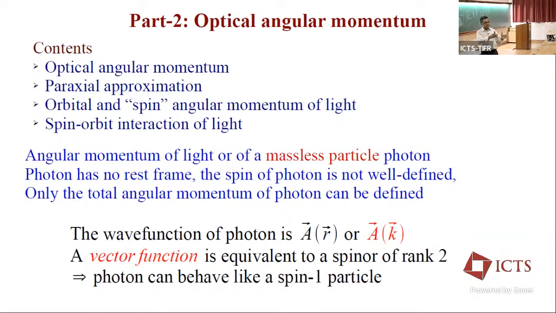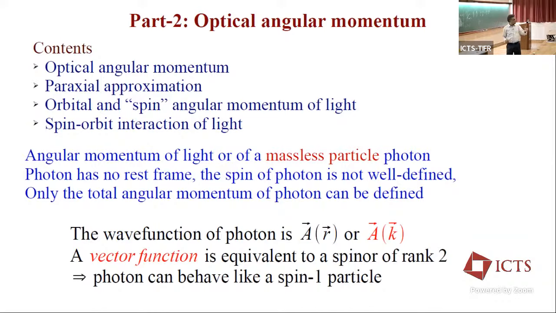That's what we get, spin-orbit interaction in light. But under certain experimental conditions, you can almost separate out the spin and orbital angular parts. So defining spin and orbital angular momentum is approximate under certain conditions. But in general, it has total angular momentum.